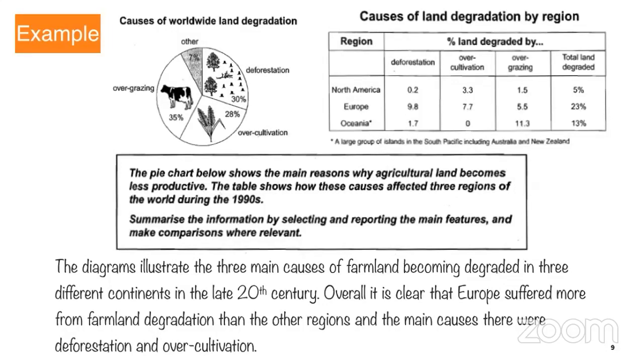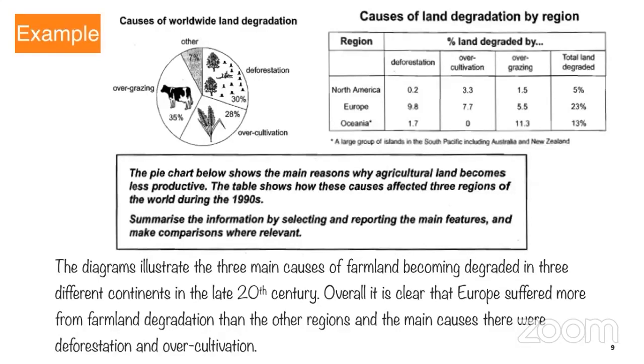So you could say something like, for example, Oceania suffered from overgrazing quite extensively, with 11.3% of land degraded by that activity. However, overcultivation is at 0%. So you're making a little comparison and you're describing what you can see.